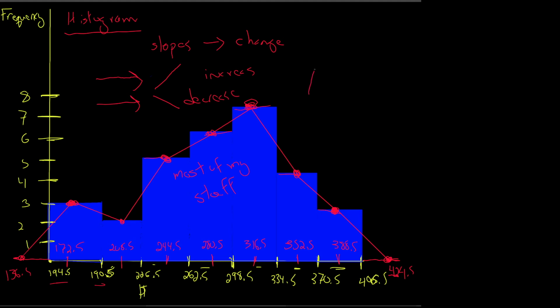And the steeper the line is, the quicker it increases or decreases. Okay? So the lines like that increase and decrease really quickly, while lines like this increase and decrease really slowly. And so by visually putting the polygon in there, I can start talking about how my data is changing from one value to another.